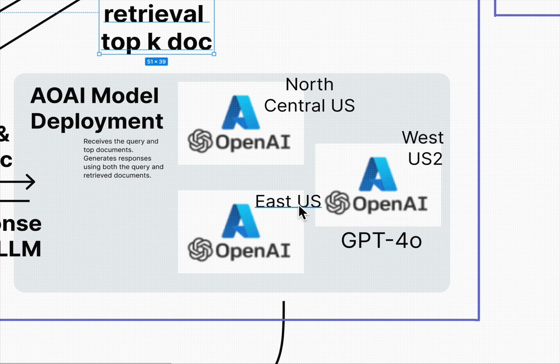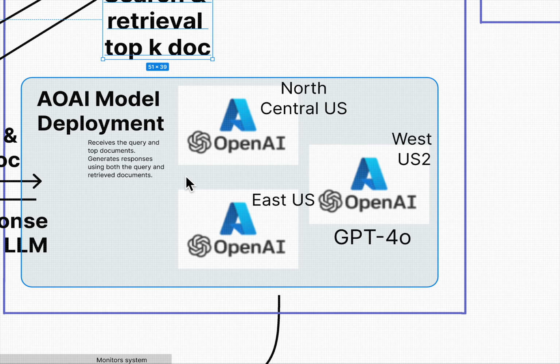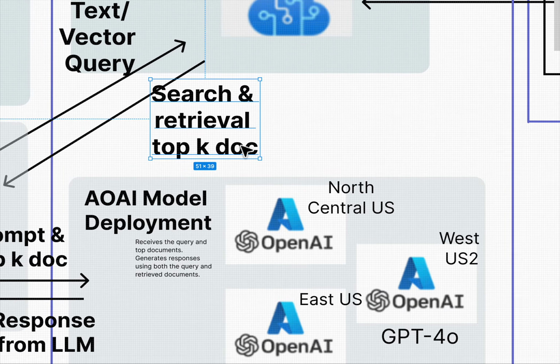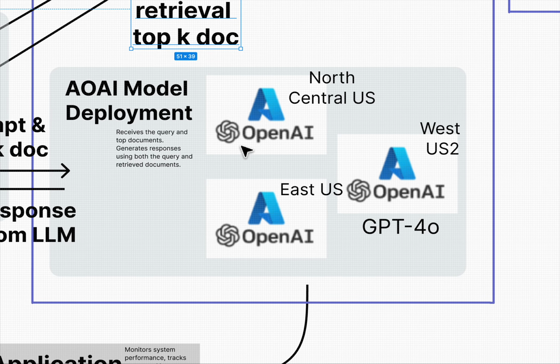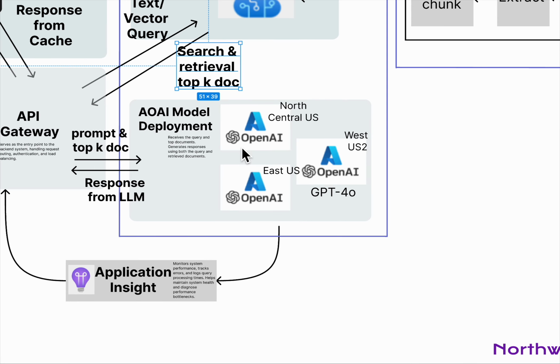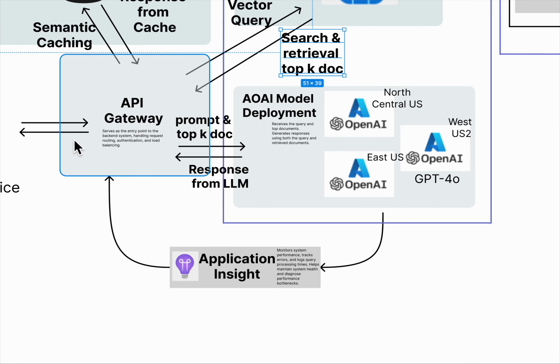Using a different region to deploy may lead to network latency. GPT-4o uses the retrieved documents from the Cognitive Search and generates a contextual response, which is sent back to our users through the API gateway.